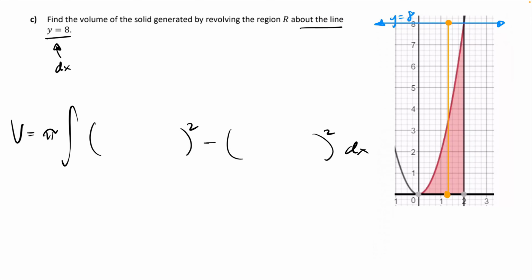That's big R. Little r goes until I hit the shaded region. Big R should always be a longer segment than little r.